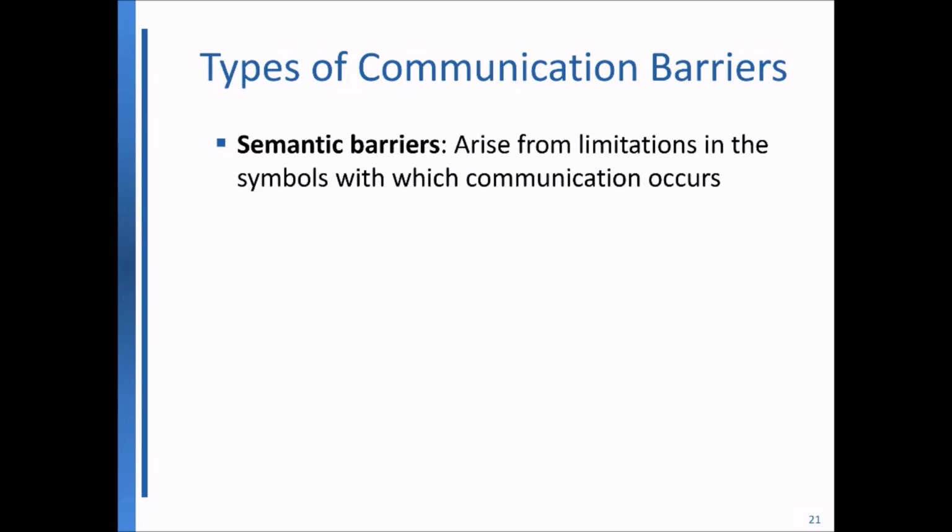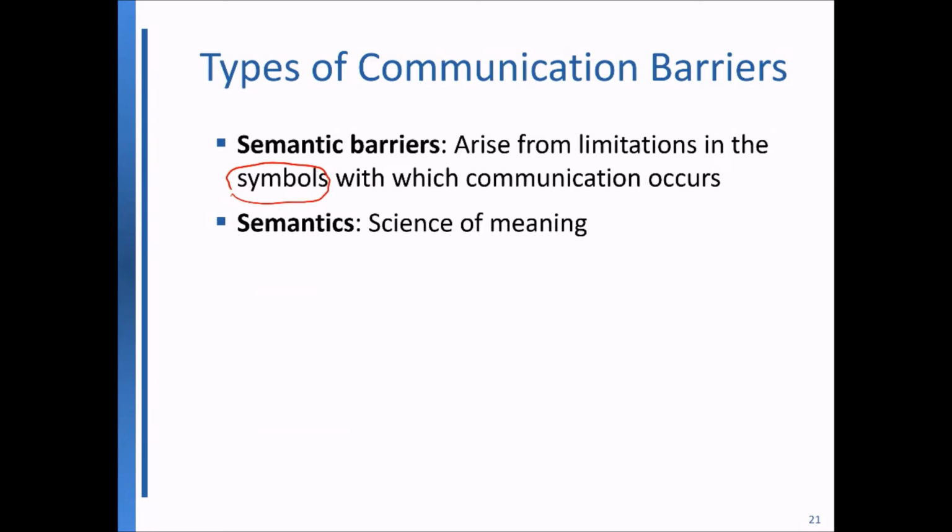Now, on the part of the non-verbal, there are what we call semantic barriers, and they arise from the symbols. Okay, we will see what this is. Semantic is defined as the science of meaning.